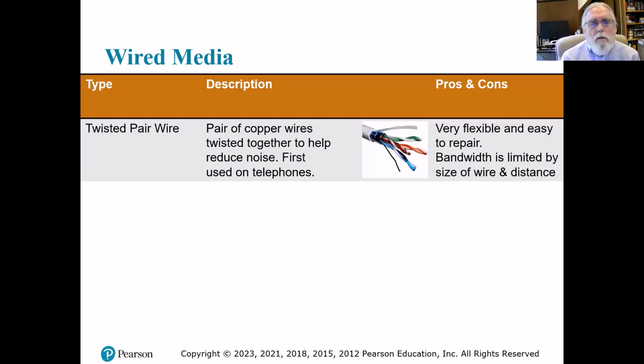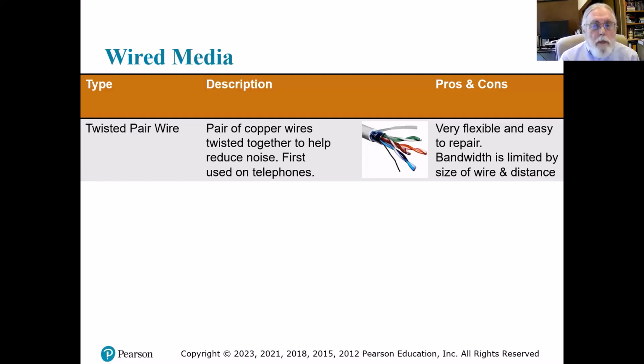I could go into the details and tell you why that is, but that's getting into engineering and physics, and that's a little beyond the scope of this course. But suffice it to say, the smaller the wire, the shorter the distance it can go before there's nothing left of the signal. It gets less and less.